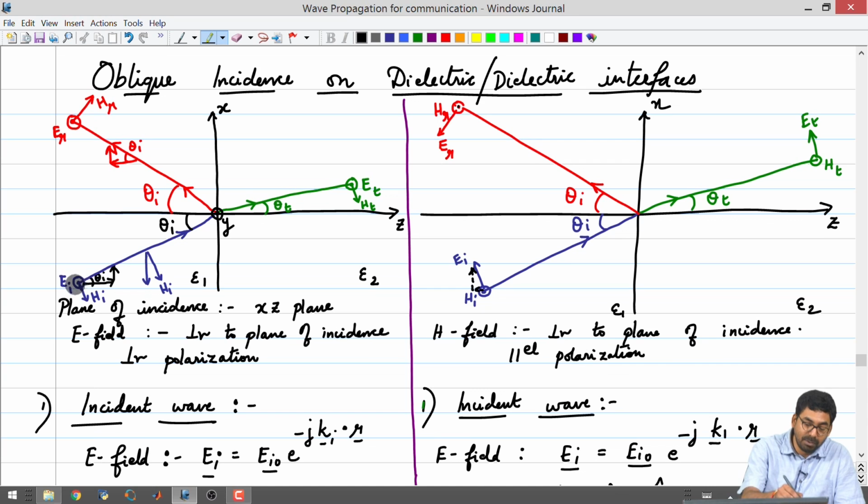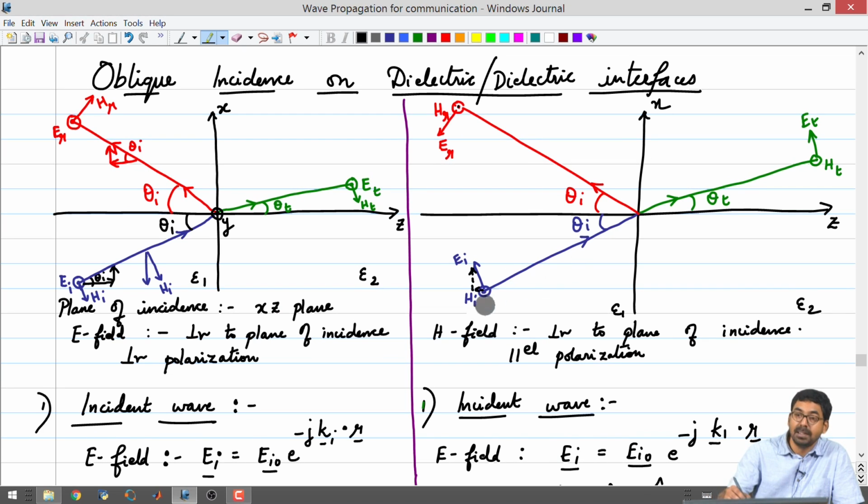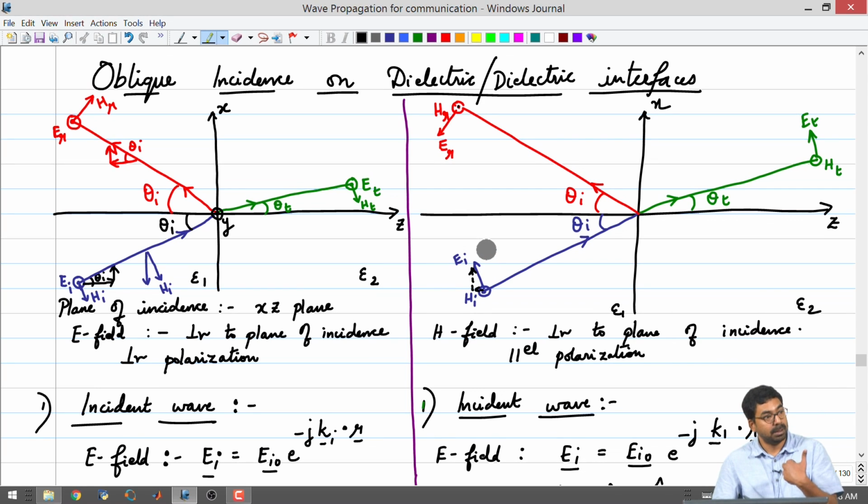So, the incident electric field was pointing out of plane, the reflected electric field is also pointing out of plane, the transmitted electric field is also pointing out of plane, and all of them are oriented out of plane in the same direction. So, we made an assertion that the fields do not flip the sign as far as E field is concerned. But the way we have drawn the right hand side figure, we have said that the E field will flip its direction.